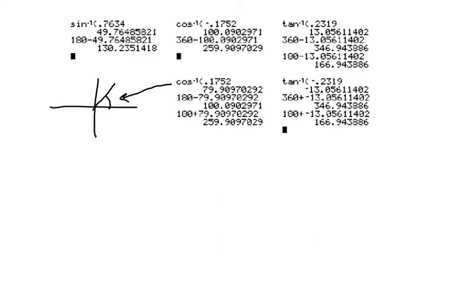But I know that I need the two values that are over here. So I need these values that have the negative x. I need this one and this one. Well, I could also know that this is 180 minus that 79. So that's this angle.